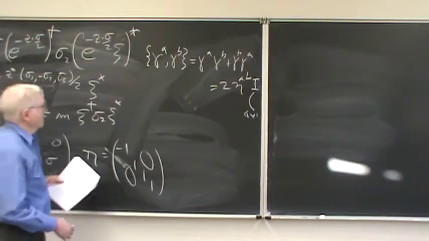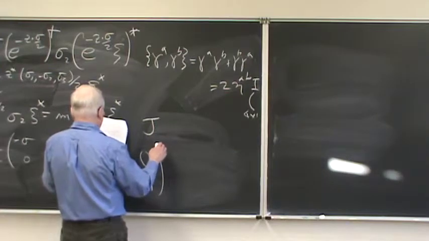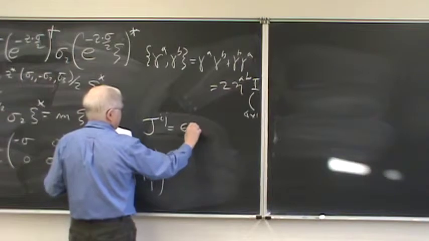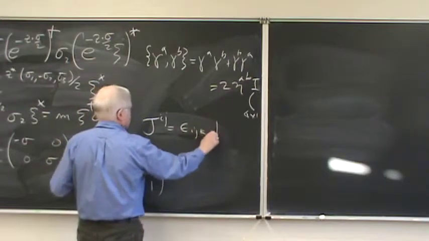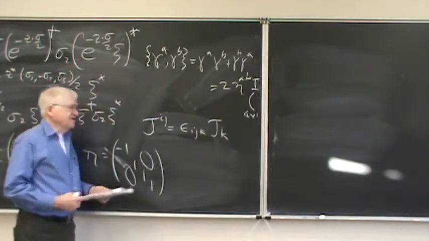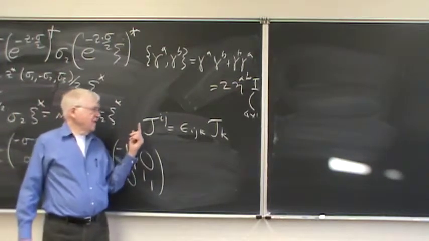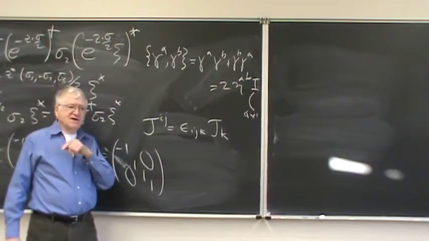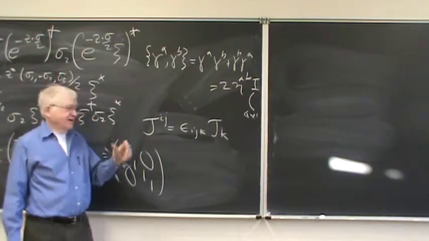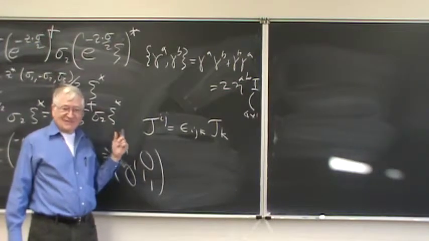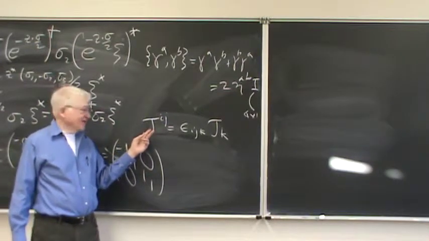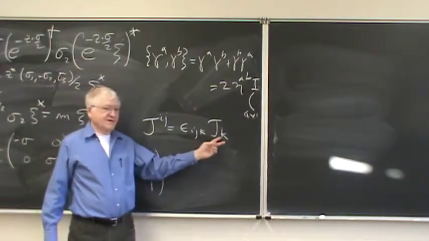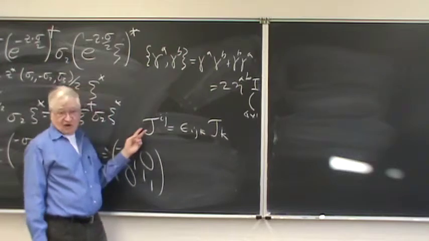Okay, now here's the truly remarkable thing. There are a number of remarkable things. J_ij is epsilon_ijk J_k. So we can rename, this is sort of a baptism, I should have the eraser here that's still wet and shake it to baptize this operator here. But in other words, we're going to call, instead of J3, we're going to call it J12.